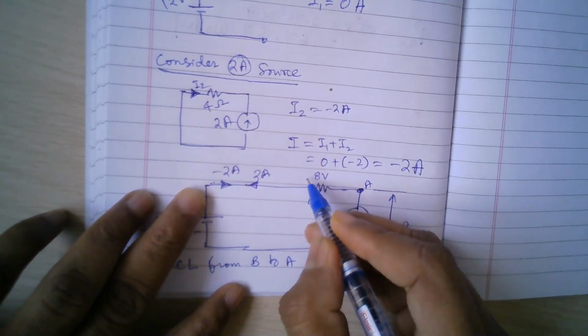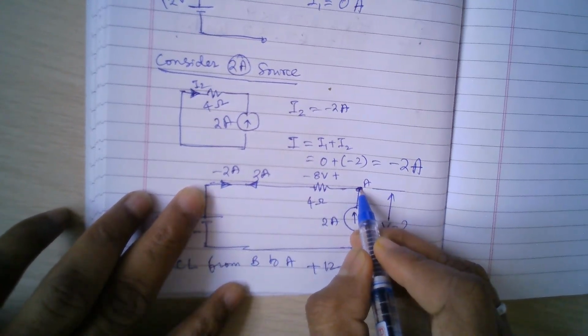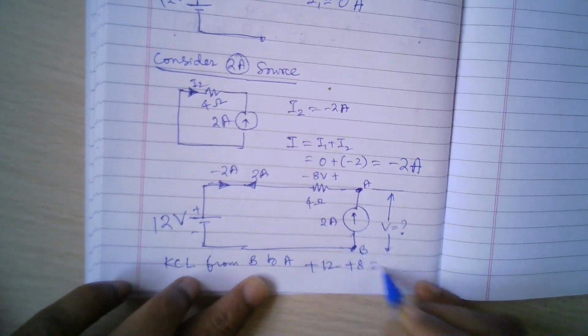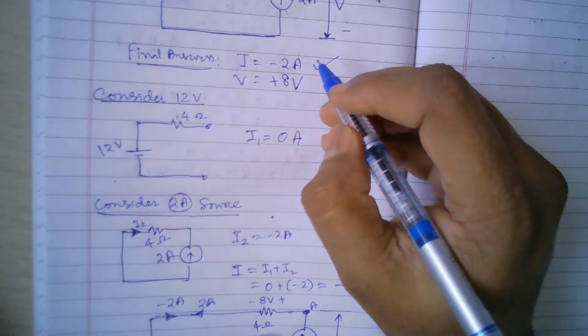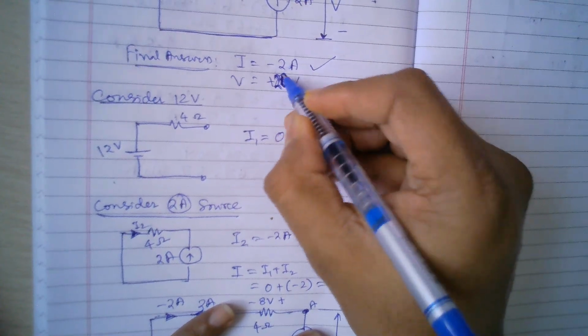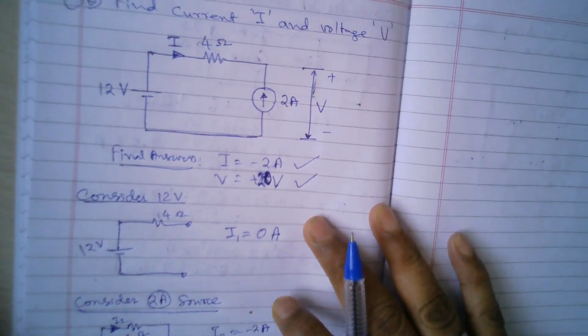So this will be 8 volts, minus plus. From the minus side I am going towards the plus side, so it will be increasing by 8 volts, so plus 8. So the answer is 20 volts. I'm making silly mistakes a lot this time. So 20 volts, that is the final answer.